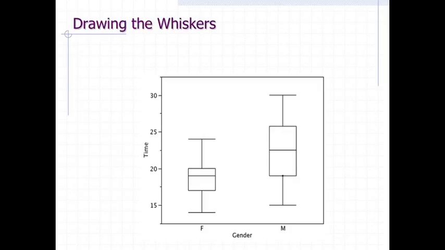The upper adjacent value for women is 24. You can see that the whisker extends from the 75th percentile of 20 to the upper adjacent value of 24. Similarly, a second whisker is drawn from the 25th percentile of 17 to the lower adjacent value of 14.